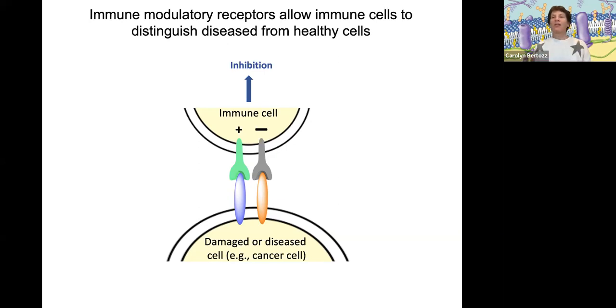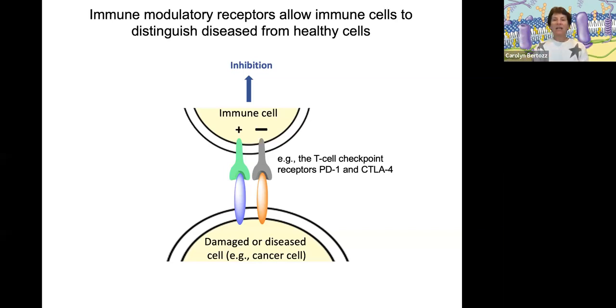So once this biology began to be understood, it became clear that one could develop immune therapies that modulate the balance between the activating and the inhibitory signal. And the big breakthrough immune therapies of the previous decade were immune therapies that block the inhibitory signaling receptor on the immune cell or the ligands that deliver the inhibitory signal on the cancer cell.